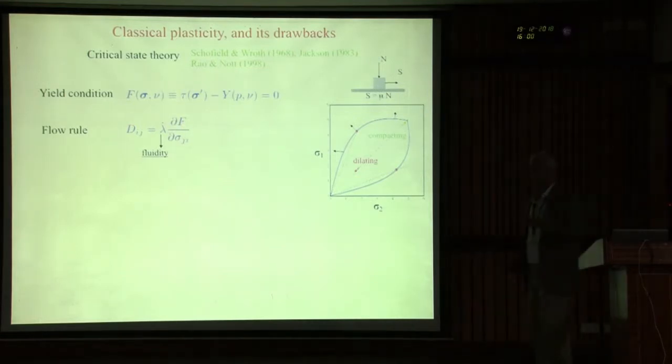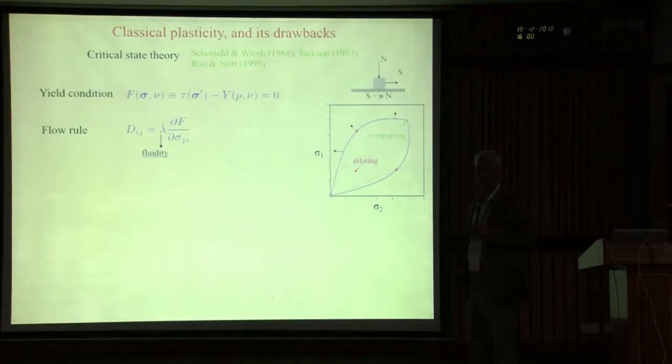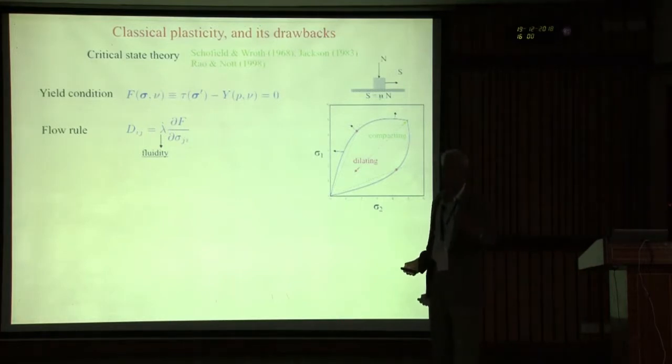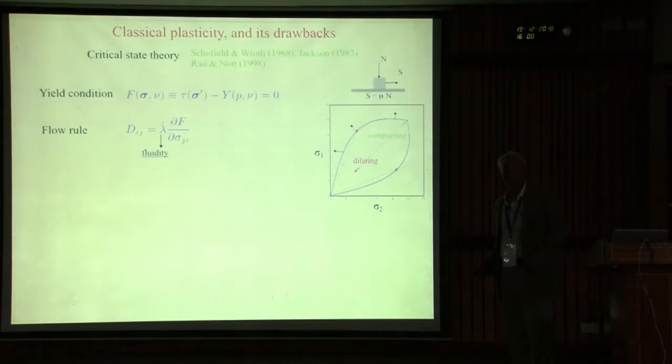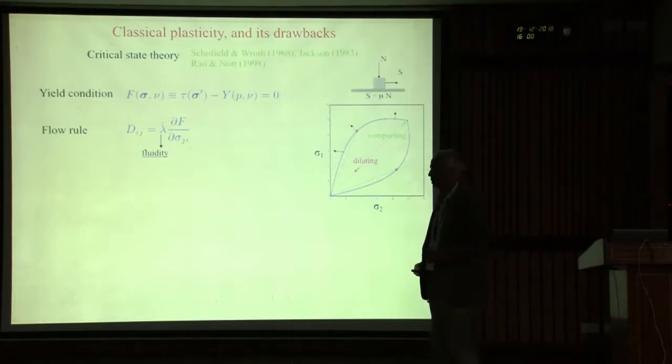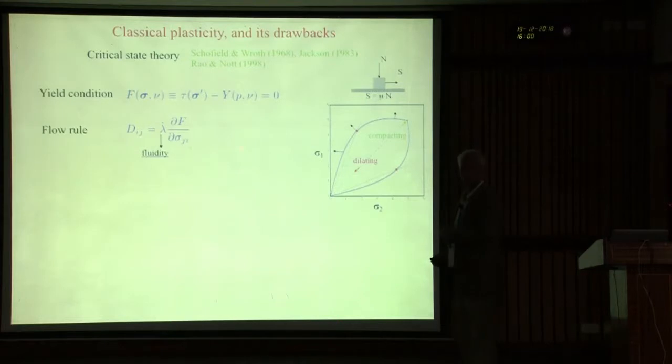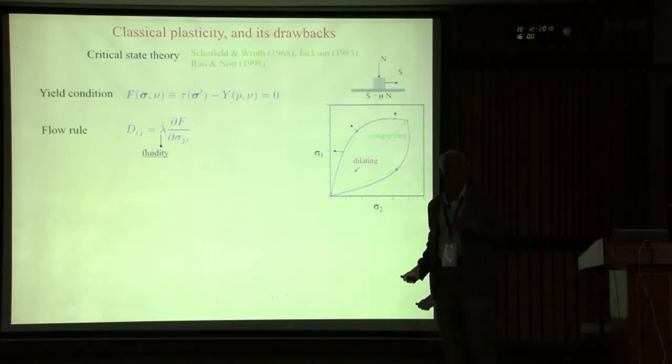Now, Joe talked quite a bit about theories where one ensures positive dissipation, the dissipation potential that he was talking about, where the force here is the stress, and he related the stress to the strain rate. But historically, in soil mechanics and granular mechanics, people have done it the other way around.